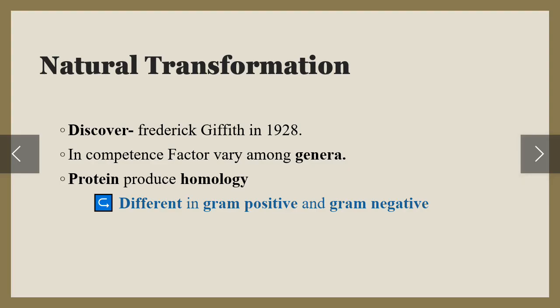Natural transformation was discovered by Frederick Griffith in 1928. Competence factors vary among genera. Proteins produced differ in gram positive and gram negative bacteria.